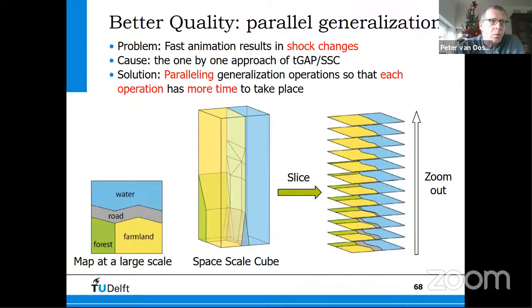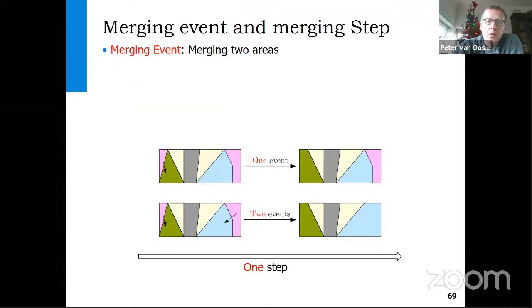When we are now removing houses, it really happens gradually, but you do not see it because it goes so quickly. You just see the houses removed. It's an all or nothing change, a bit like the classic space scale cube. So instead of merging just one object in a step, we could do multiple objects, for example, 2.